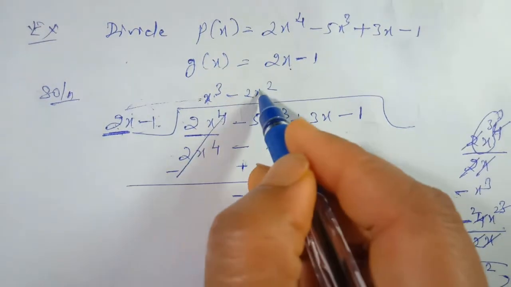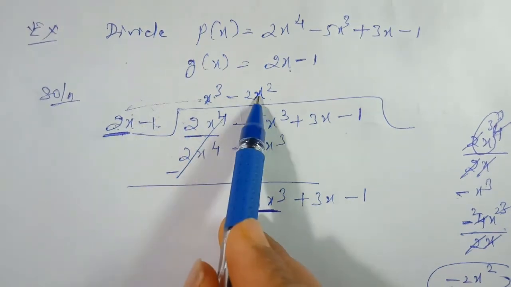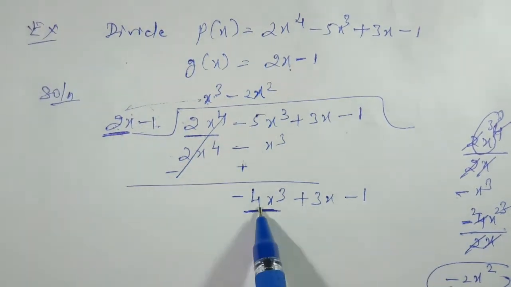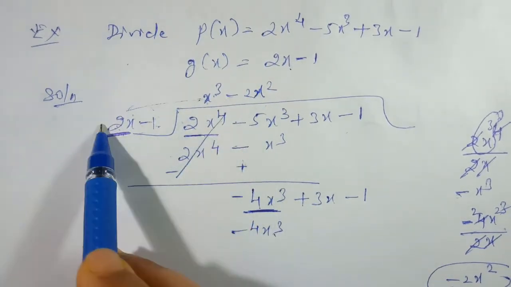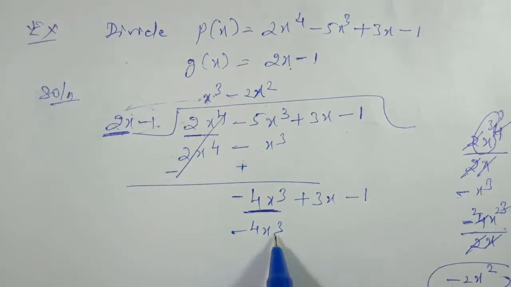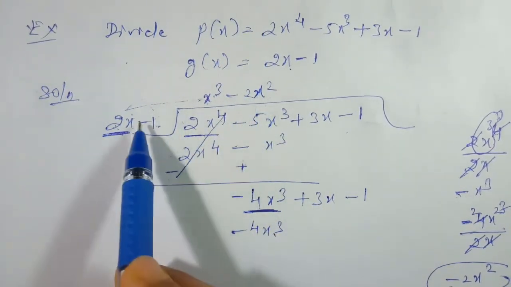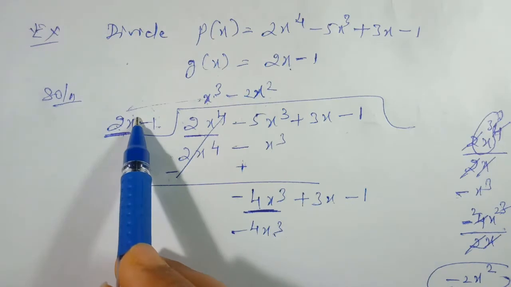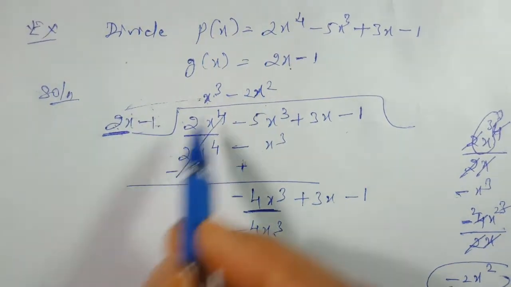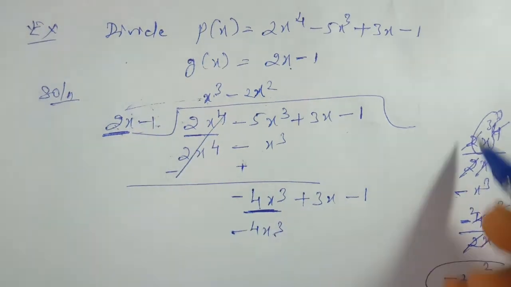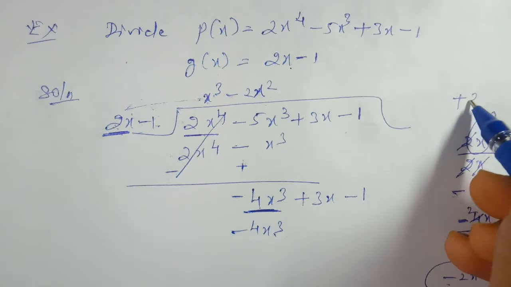Now we have to multiply minus 2x square by both the terms. When we multiply it by the first term, we get the same term, that is minus 4x cube, because minus into plus gives minus, 2 into 2 will give 4, and x square into x will give x cube. When we multiply variables, their powers are added, which we studied in class 8. 2 plus 1 is 3. Minus into minus gives plus, so 2x square into 1 will give plus 2x square.